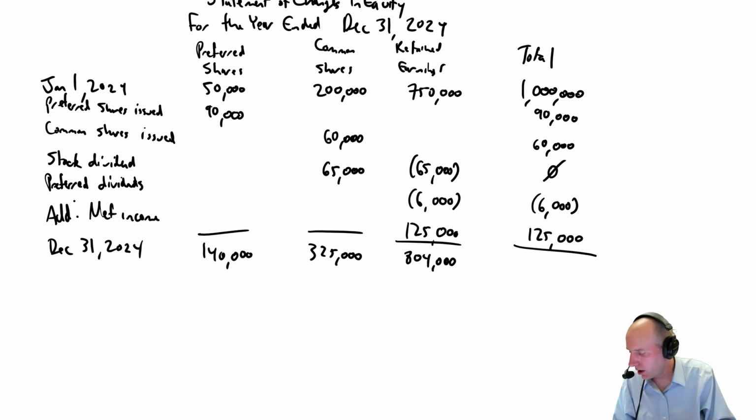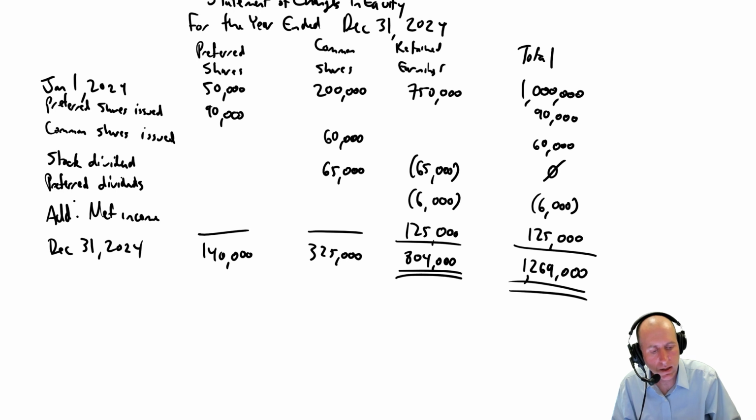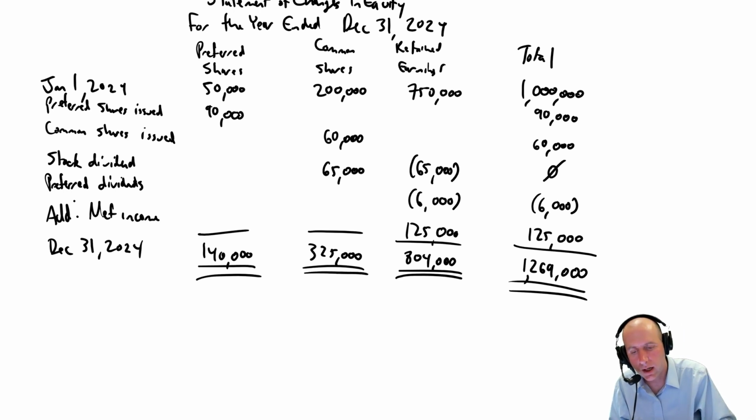And summing the 3 across the bottom, 140 plus 325 plus 804 is 1269. Double underlines under each of these. Dollar signs at the top of each column, not beside the words, beside the numbers at the top of each column. Dollar signs beside the bottom line as well.